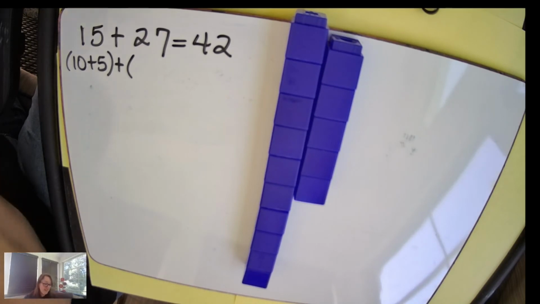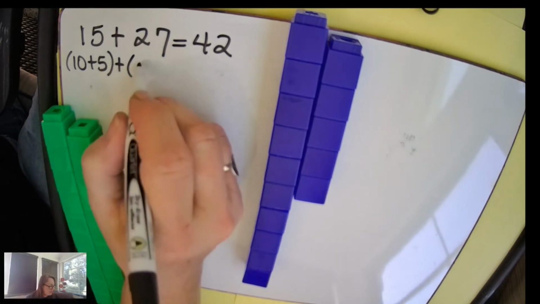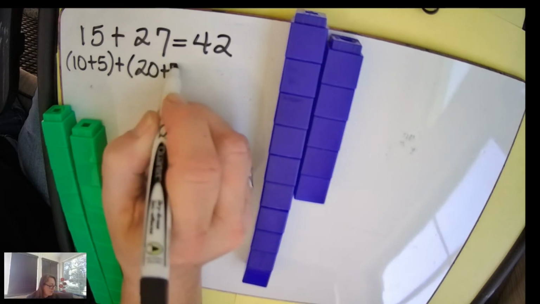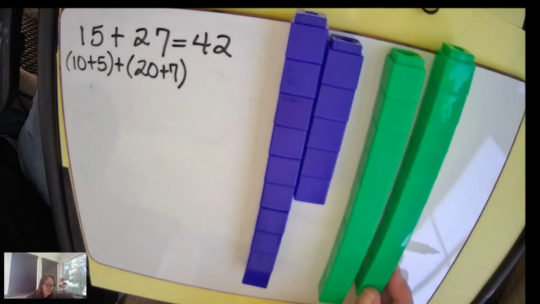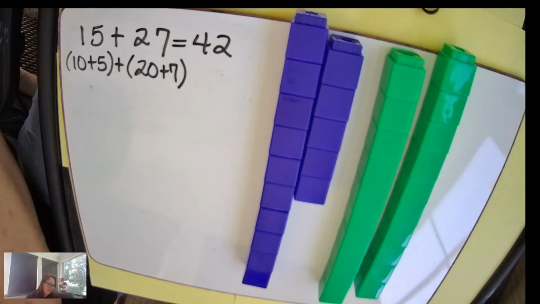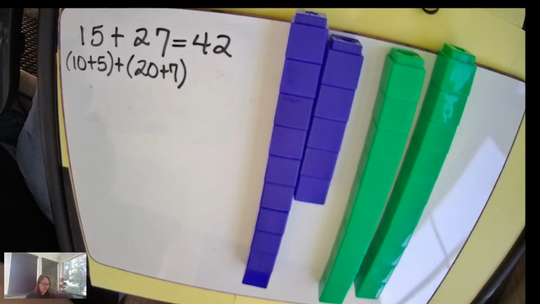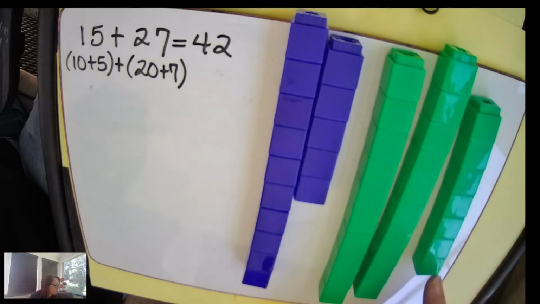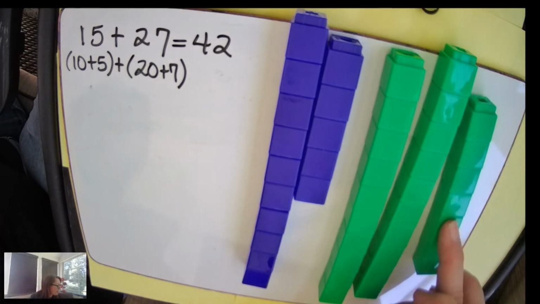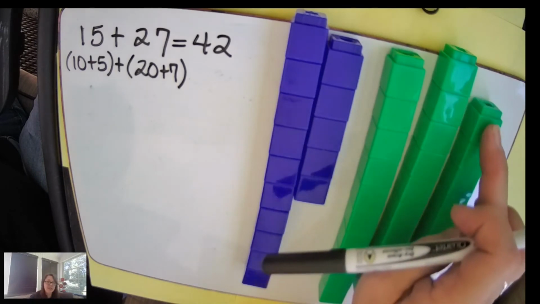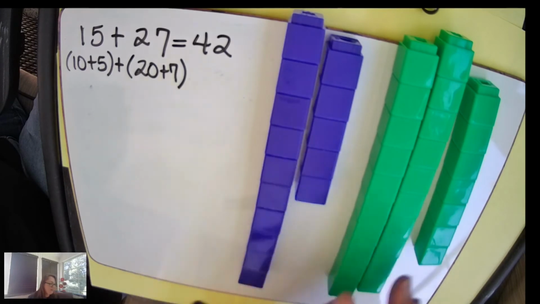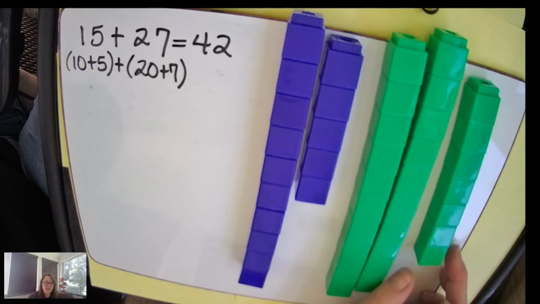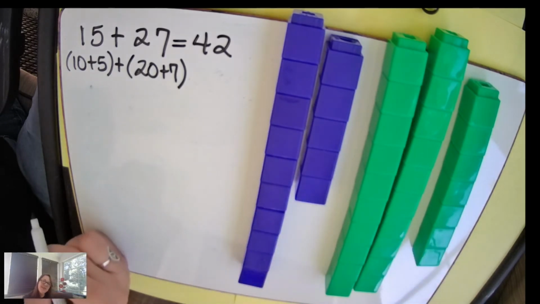And the 27 she broke apart into 20 plus 7. 10, 20, 21, 22, 23, 24, 25, 26, and 27. So the 27 is 2 10s and 7 1s. Okay, Lydia, tell us more.